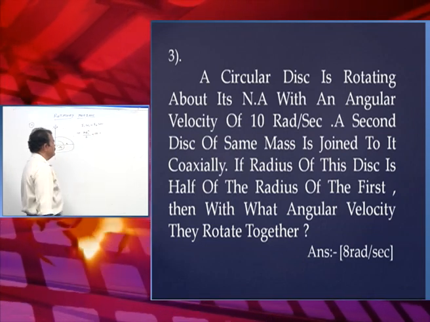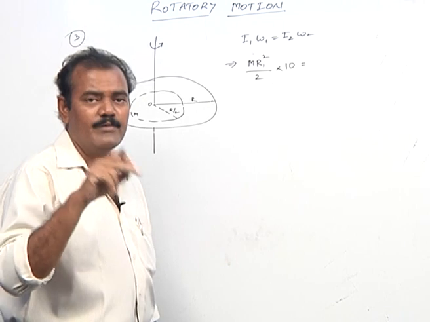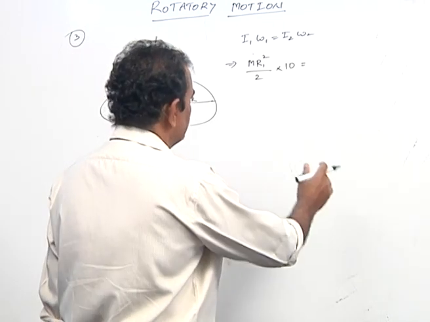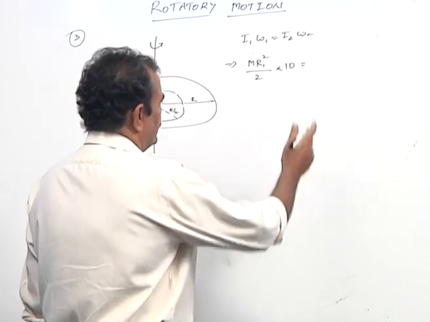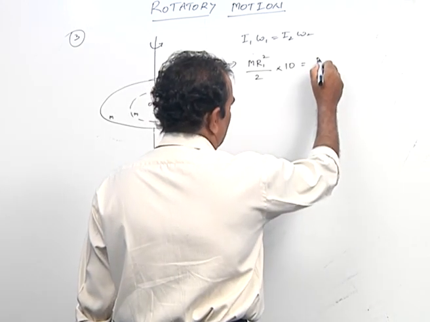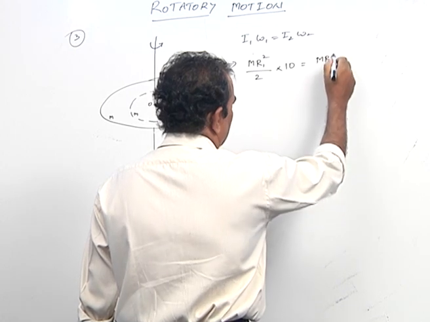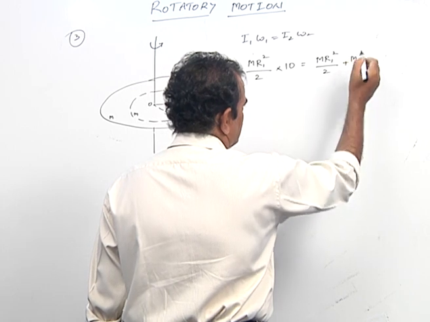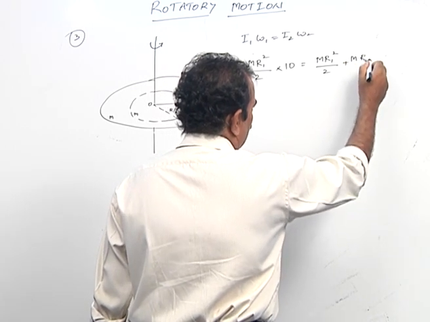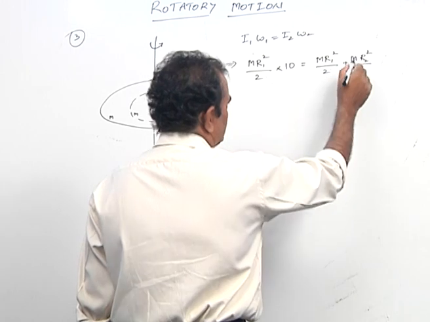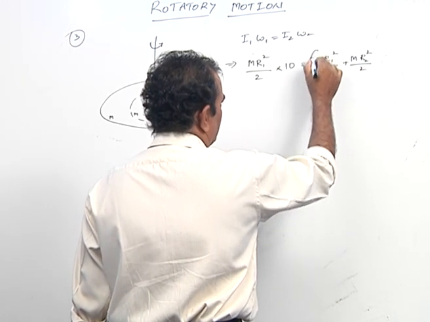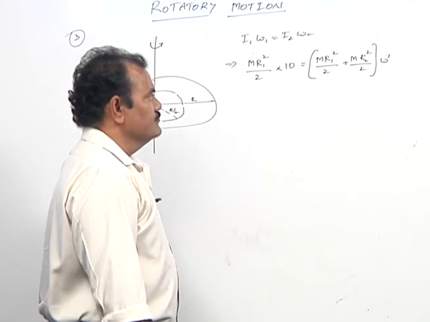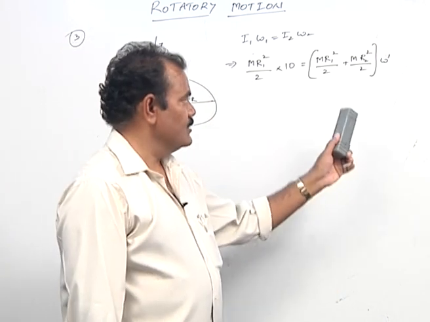And for I2, the two objects have a common angular velocity, that is the first disk and the second disk. So you have to find the moment of inertia separately for them. For the first one, as you already know, it is M R1 square by 2, and for the second disk it is M R2 square by 2. Now they have a common angular velocity omega dash.